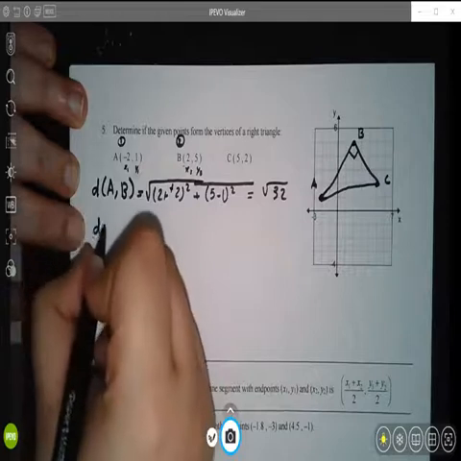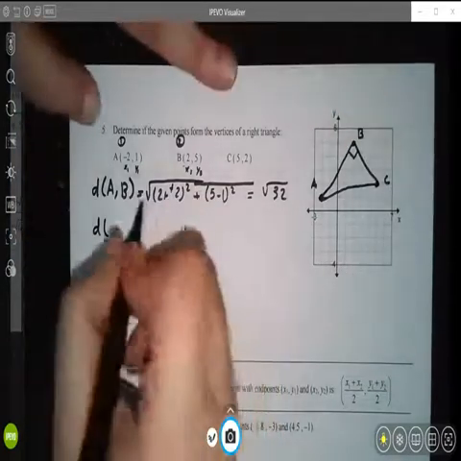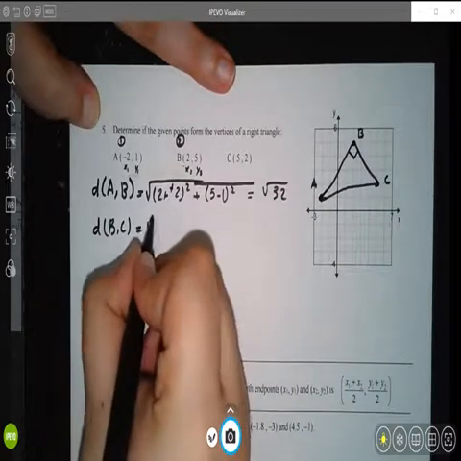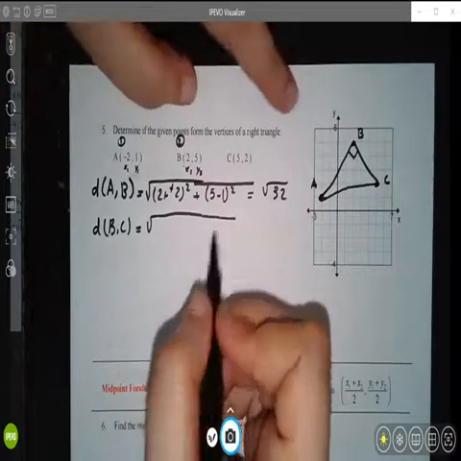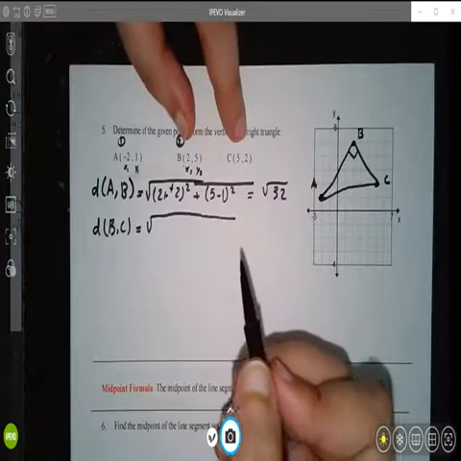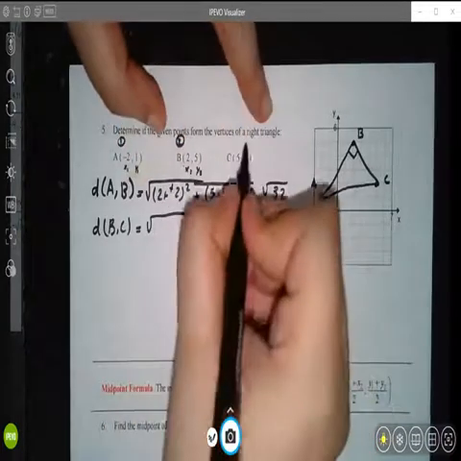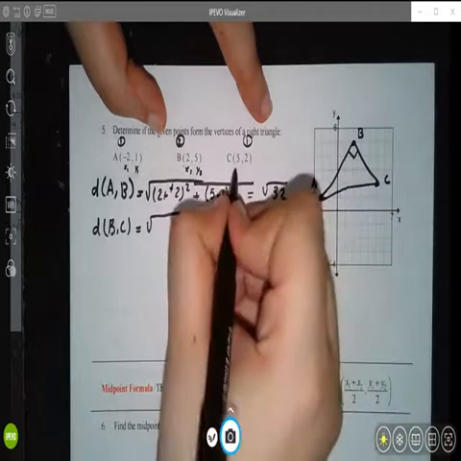Let's do the next distance. This one, I'm going to do B and C. Okay? Now, for B and C, I'm using these 2 points. Since I have B marked as 2, I'll just make this 1, for example. You can mix and match, it's fine.